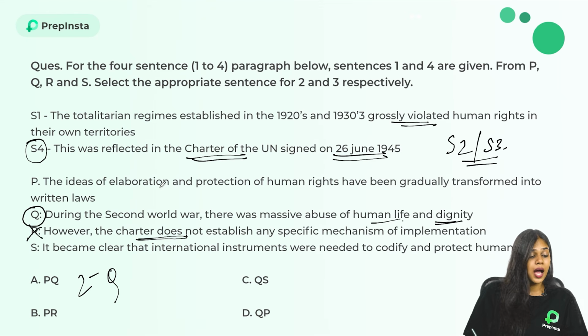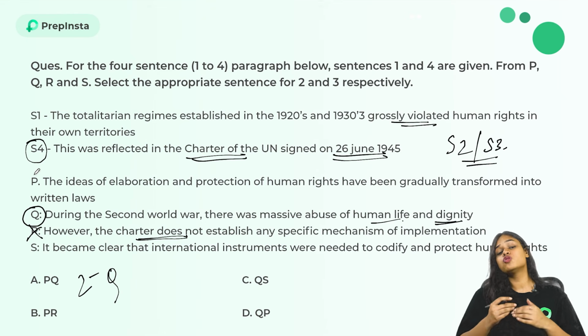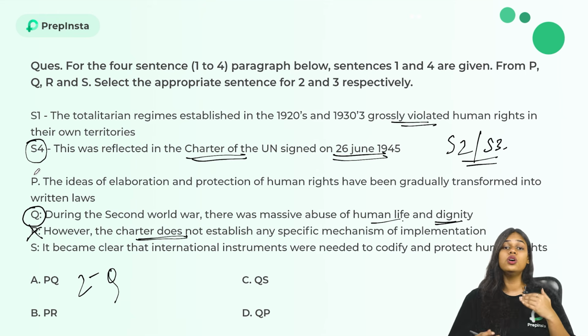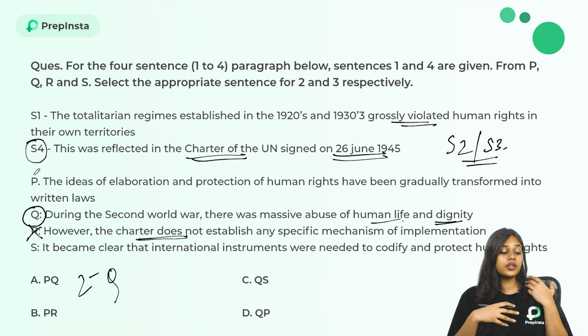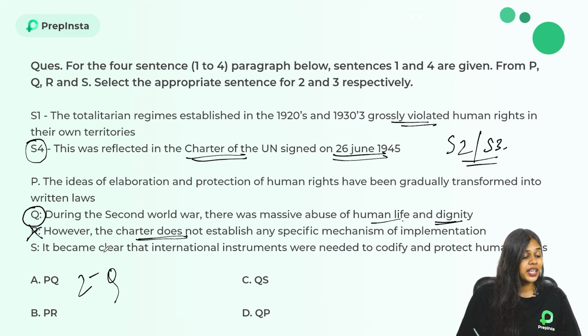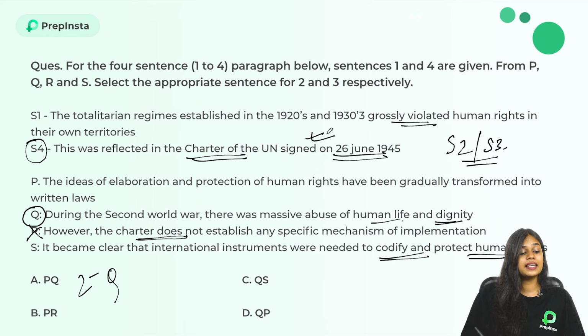The ideas of elaboration and protection of human rights have been gradually transformed into written laws, right? Before this, we have to talk about what instrument has been assigned in order to give due importance to human rights. And that is, it became clear that international instruments were needed to codify and protect human rights, due to which the Charter of the UN was signed on 26 June 1945, right?